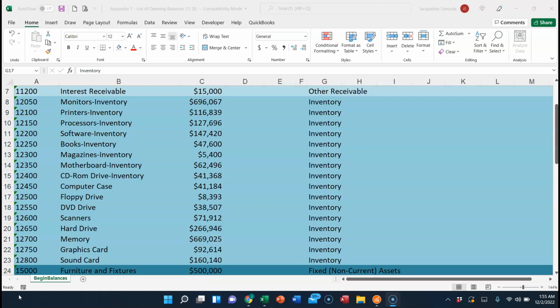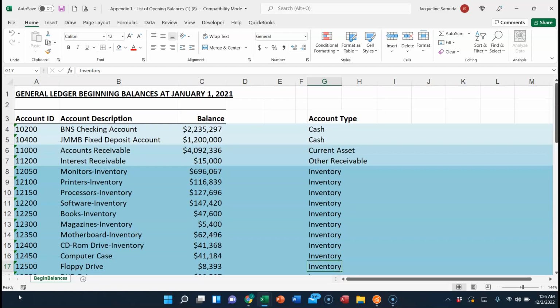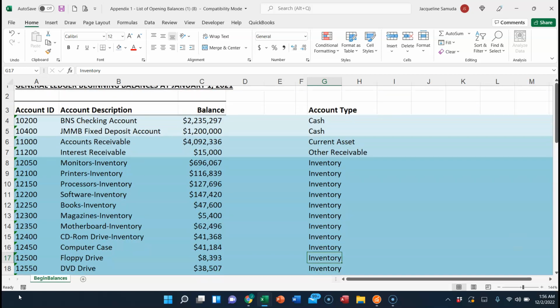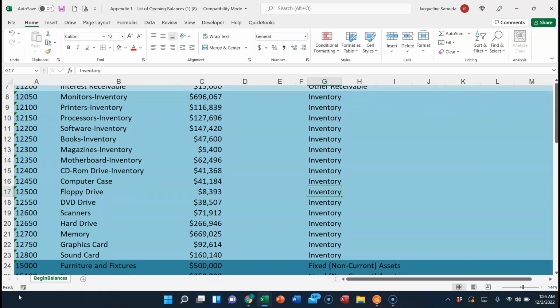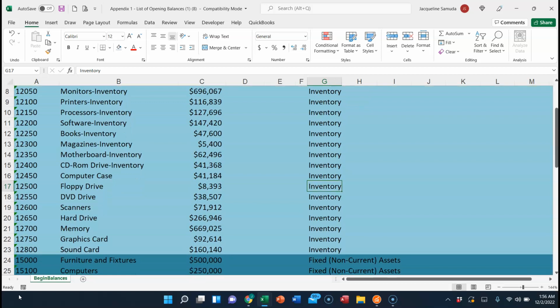Now, the first thing I want to note is that on screen, I have the listing of the opening balances for January 1st, 2021. Now, as far as the inventory is concerned, these general ledger accounts have been coded from the 12050, which is at the top, that starts monitors and inventory, to 12800 phone cards.